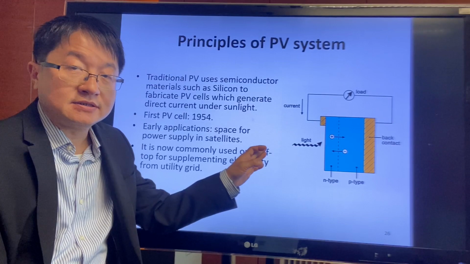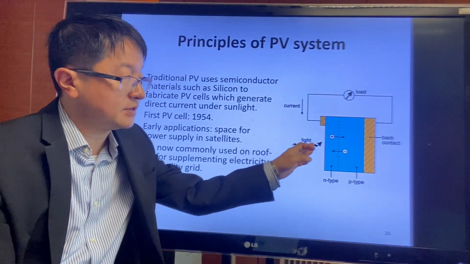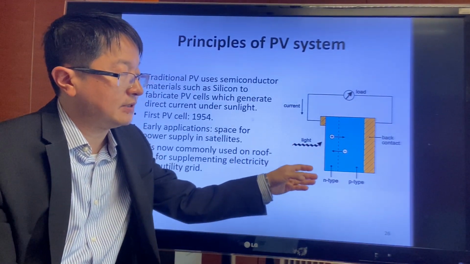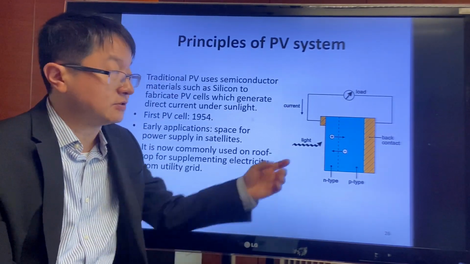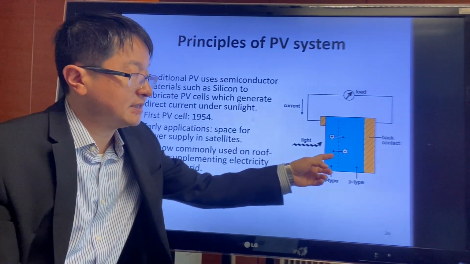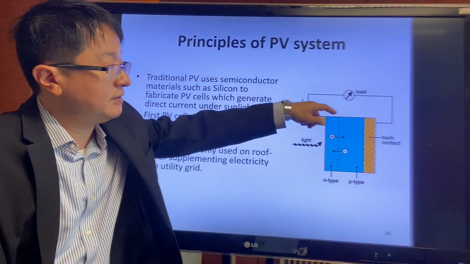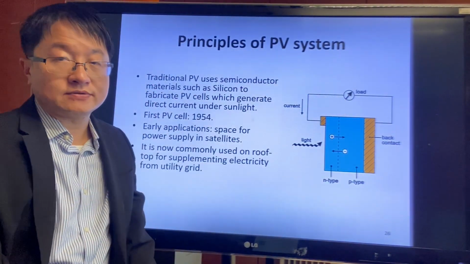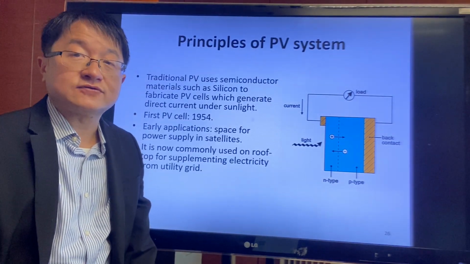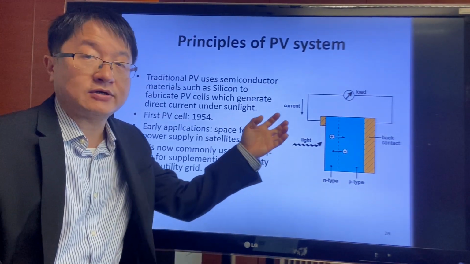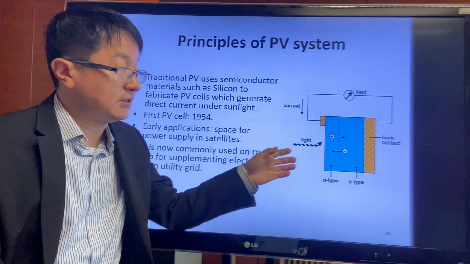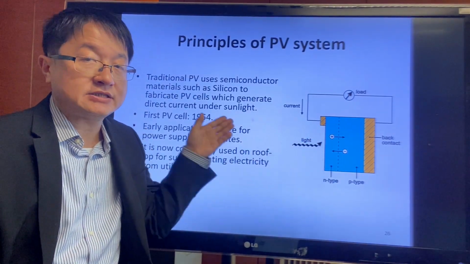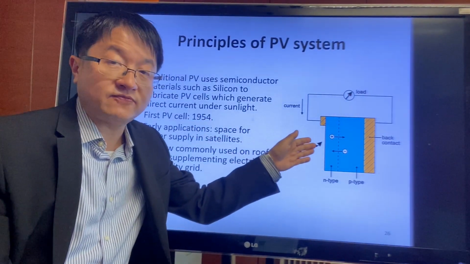So likewise, the sun energy photon hit on this semiconductor, then it will energize the electrons, and electrons can move from the N type to P type, and then the current will be continued. So this is the way how a solar panel can generate current, because the electron inside this semiconductor is energized by the solar light photon.